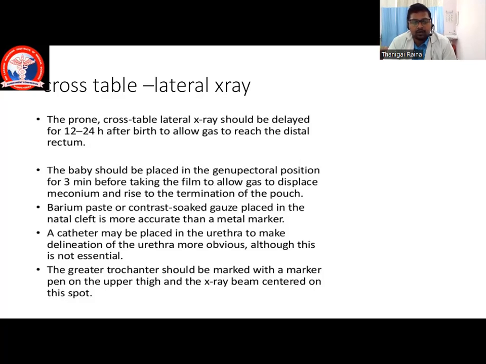Barium paste or contrast soaked gauze is placed in the natal cleft. It is more accurate than a metal marker. A catheter may be placed in the urethra to make delineation of the urethra more obvious. Although this is not essential, we can do it to delineate the urethra. The greater trochanter should be marked with a marker pen on the upper thigh, and the X-ray beam is centered on this spot.